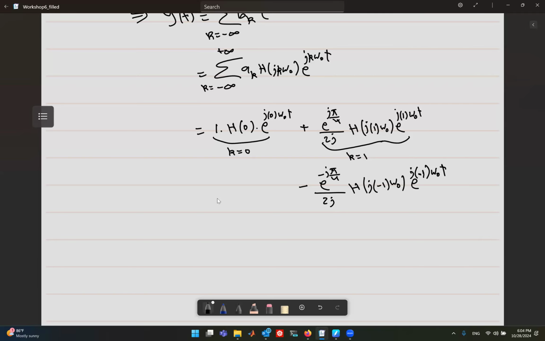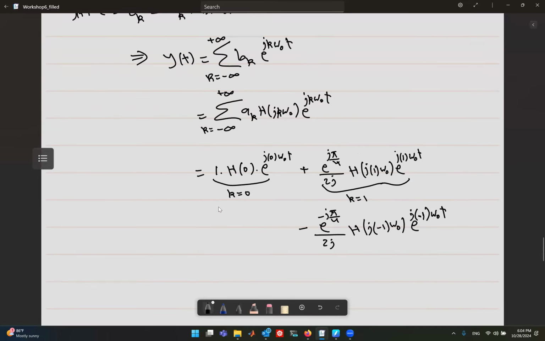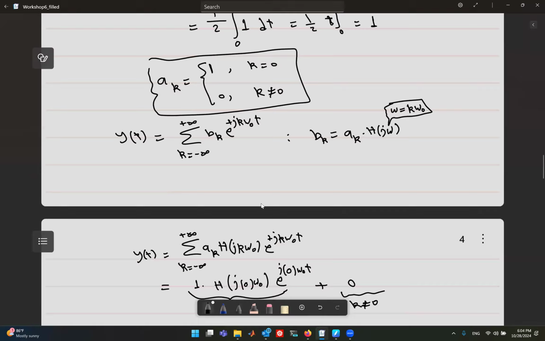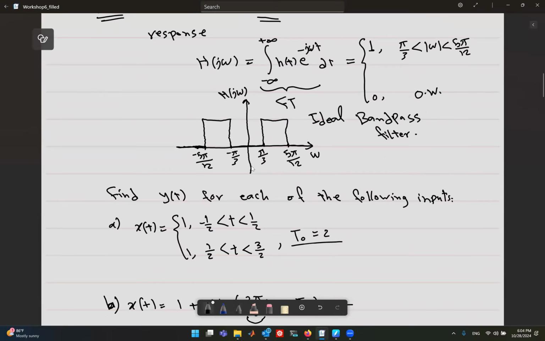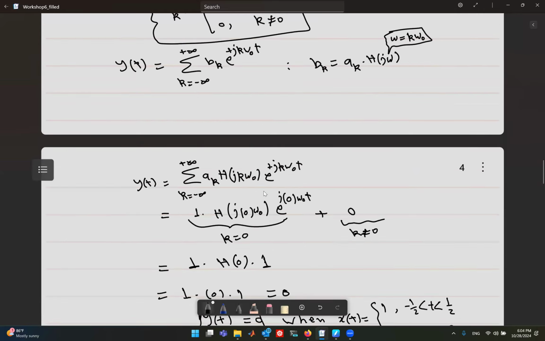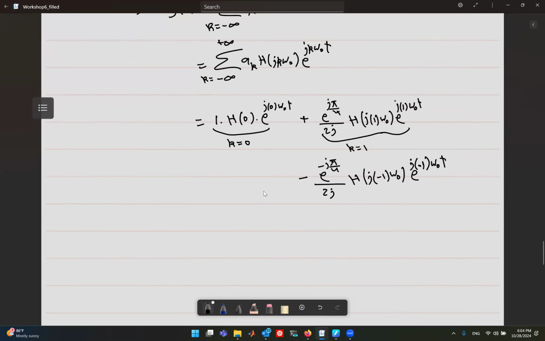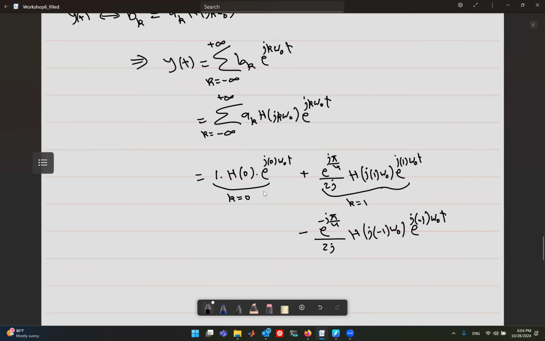We know that H at 0 is 0, right? From the previous example, and we can see it also from the definition of the frequency response of the system. When omega equals 0, we have 0 here. So this one will be 0.